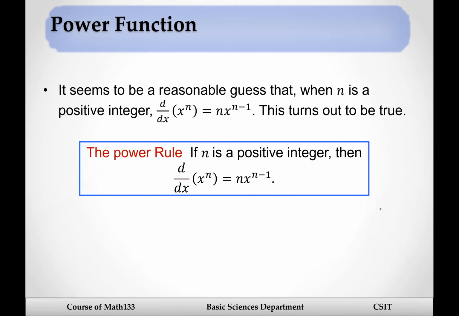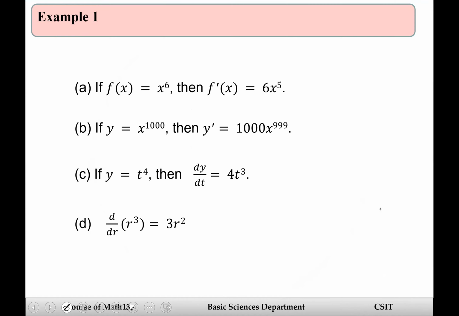As examples, when we have x power 6, the derivative, x power 6 prime, means we take the 6 in front, then x power 6 minus 1, that means 5. I will write some details in the first example, then it will be faster later.